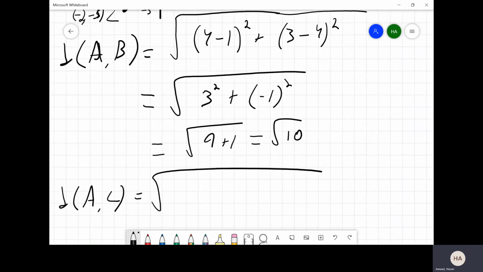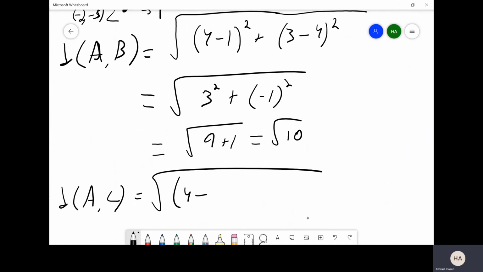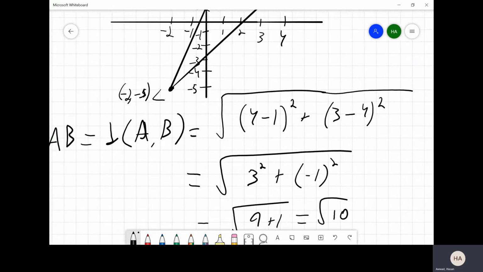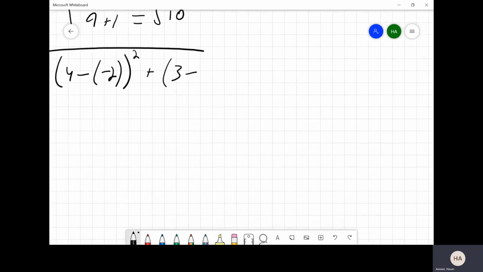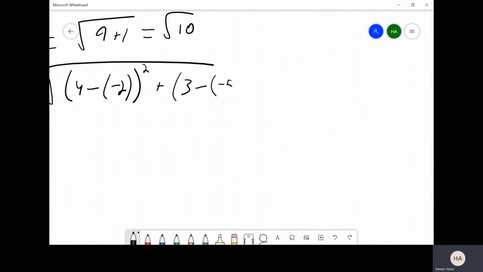So for A, we have 4 minus -2, right? The X component of point C is -2. So 4 minus a -2 plus, and we have 3 minus, I believe it was -5, right? So the Y component of A is 3. The Y component of C is -5. So we have 3 minus -5 squared.